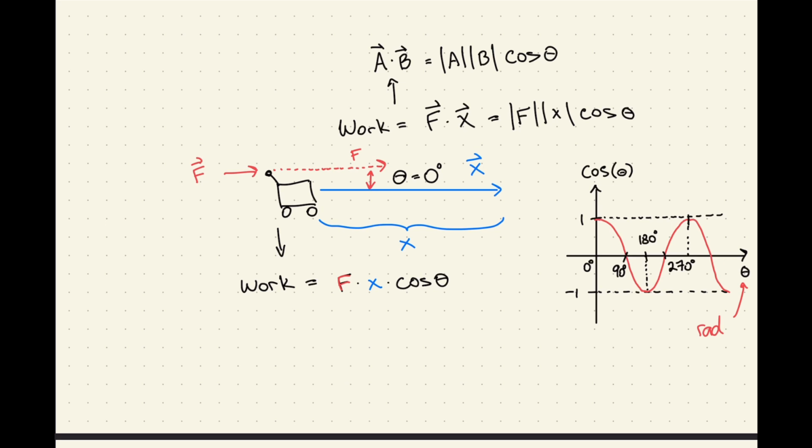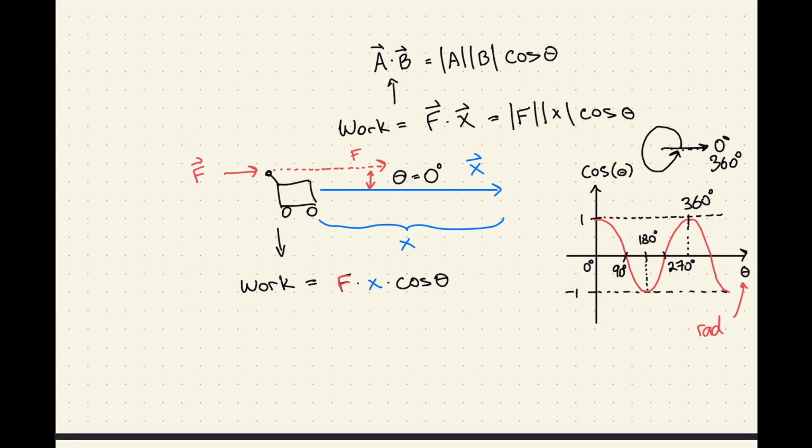This would be 360 degrees, which is interesting because if you call two vectors pointing in the same direction at 0 degrees, once you go all the way around the circle, 0 degrees and 360 degrees are the same thing. So cosine of 0 degrees and cosine of 360 degrees are both going to equal 1.